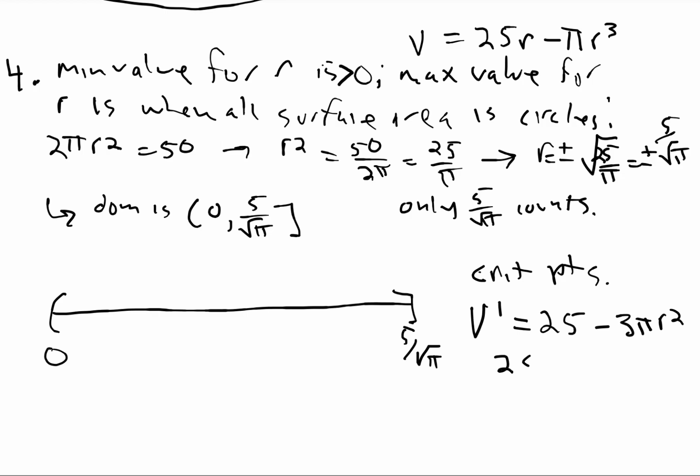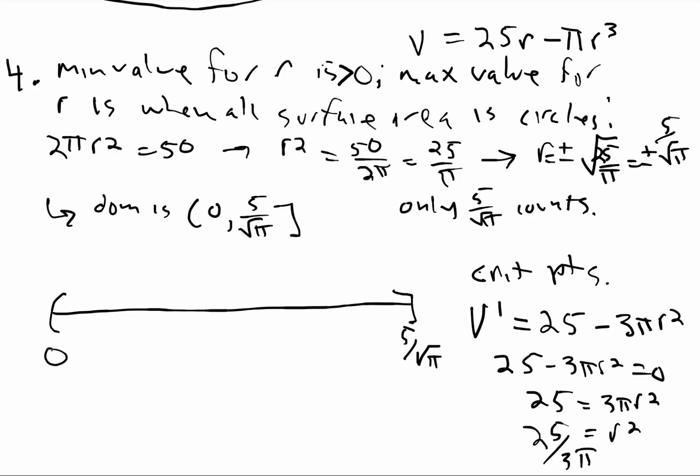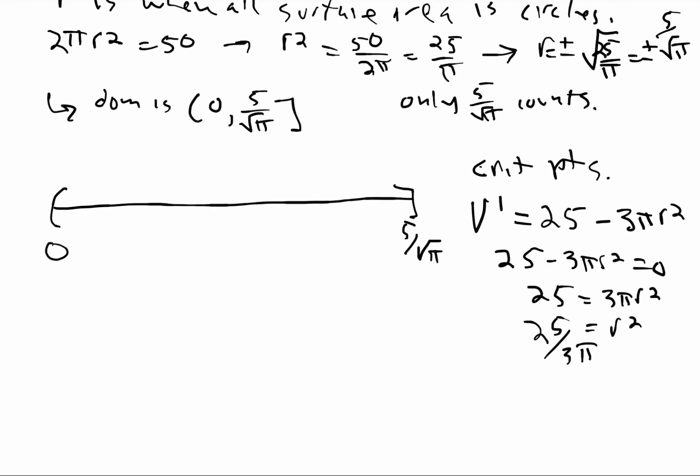Well, if I set this equal to 0, 25 becomes 3 pi r squared, which becomes 25 over 3 pi, and I note that I should technically get r equals plus or minus root 25 over 3 pi, or 5 over root 3 pi.